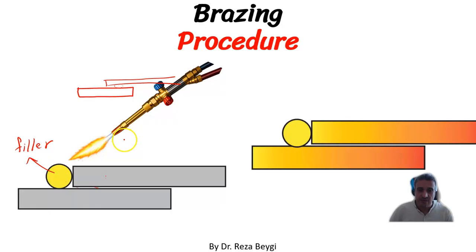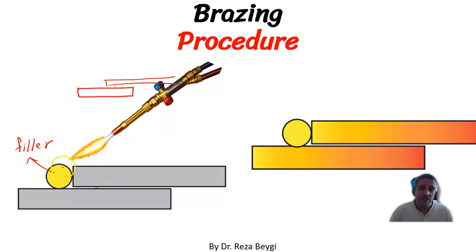The heat source that we apply in this process should not be directed into the filler material, and we should avoid any direct heating of the filler material. It is because the filler material may encounter some selective evaporation of some of its alloying elements, which alter or degrade the mechanical performance of the joint.